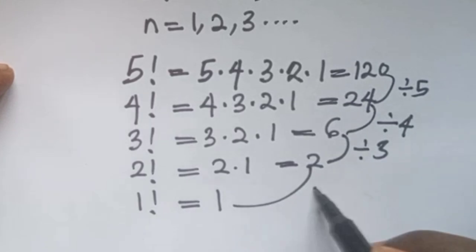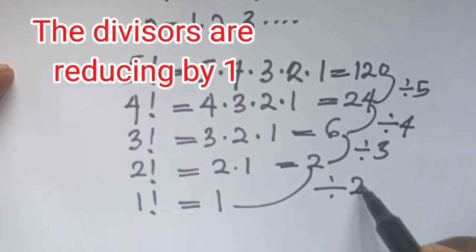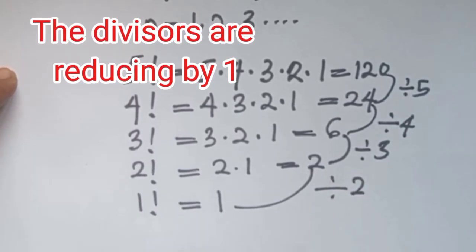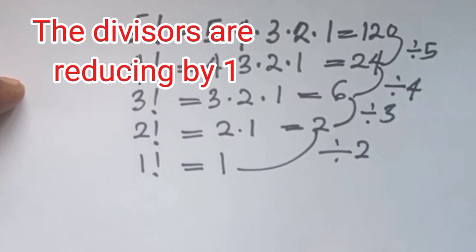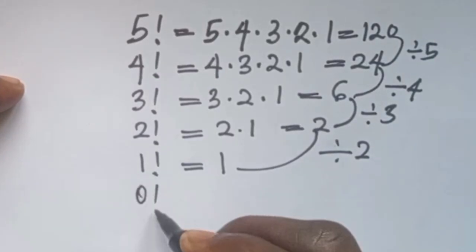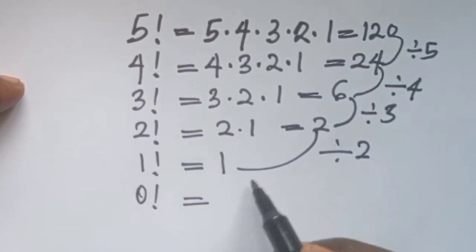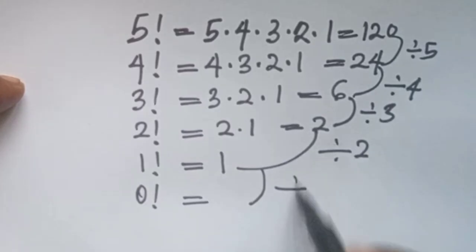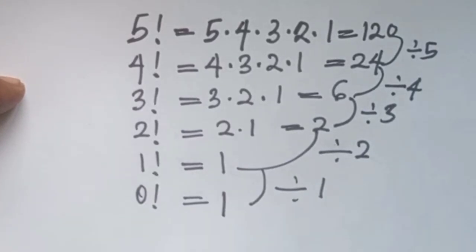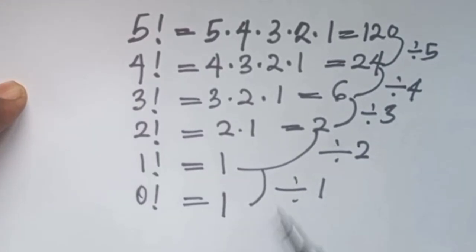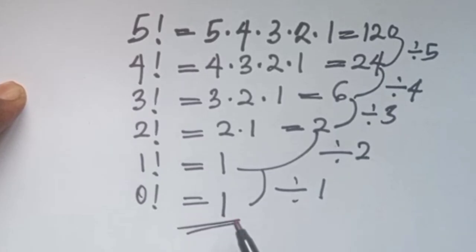And if you divide 2 by 2, the answer is 1. If we relate this to 0 factorial, dividing 1 by 1 gives 1. So this is one reason why we decide 0 factorial to be equal to 1.